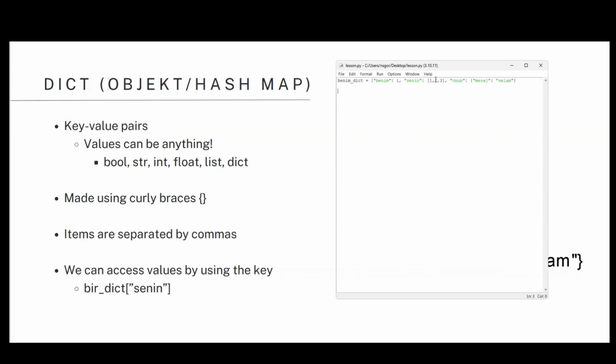So let's say that I want the list. If I want to get that value, what needs to happen is I say print, the dictionary name, and I use square brackets, just like accessing the indices of a list, except I need to name the key. So if I want the list right here, I use senin. So senin, and then I close the parentheses.